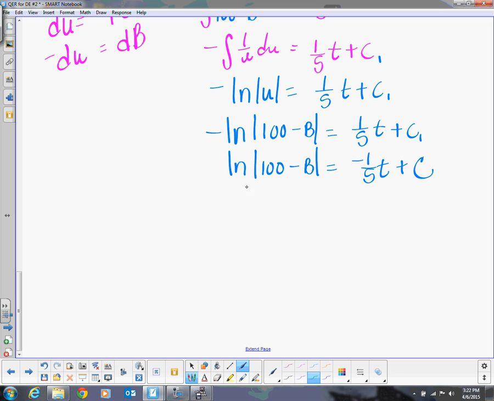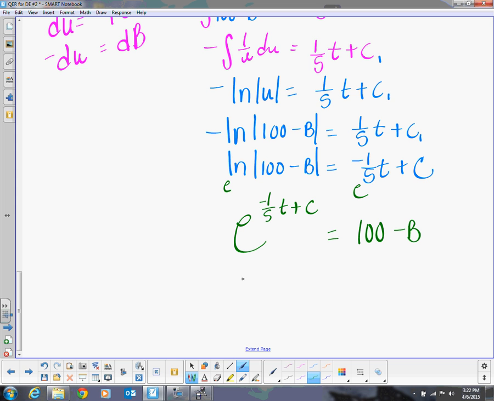So now we're going to take this e, and we're going to say e raised to the -1/5 t plus c. We're e'ing both sides, I guess you could say. All right, we're going to e both sides, is equal to 100 minus b.